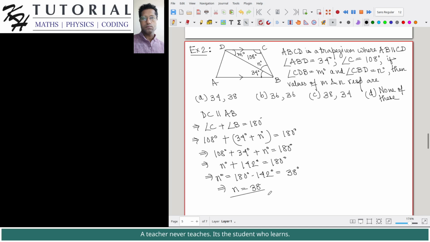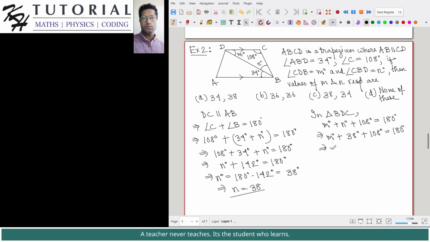We have to find m. Now once we have found n, it is easy to find m, because in triangle BDC, using the angle sum property, we will have m degree plus n degree plus 108 degree should be equal to 180 degree. That is, the sum of the three angles in a triangle is 180 degree. This implies n degree we know is 38 degree. So 38 degree plus 108 degree is 146 degree.